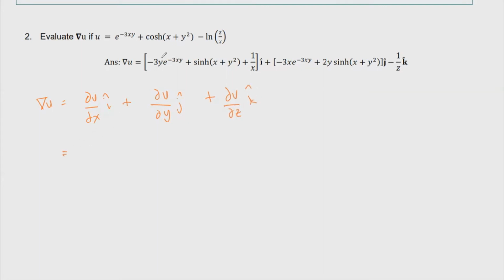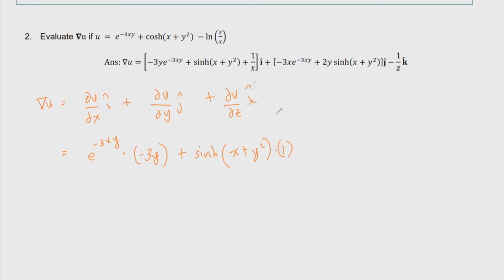So in this case, we have the total differential for each partial derivative. So let's start with x. So that's e raised to negative 3xy, and then the derivative of this is negative 3y. Okay, and then we proceed, since it has x, so we have plus sinh. So remember, this is positive because it is a hyperbolic function, so sinh of x plus y squared, then multiplied with 1.